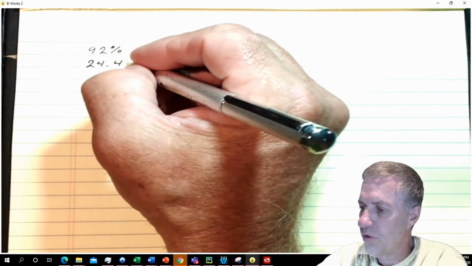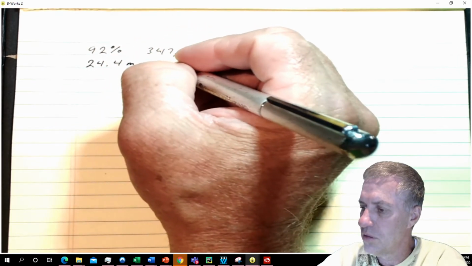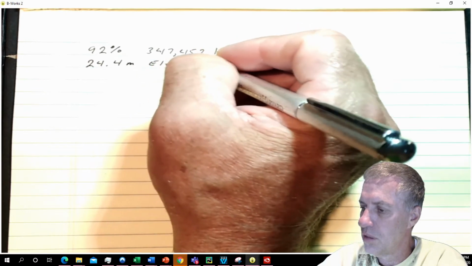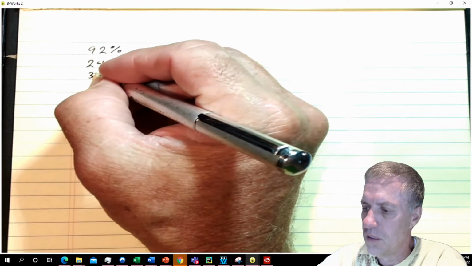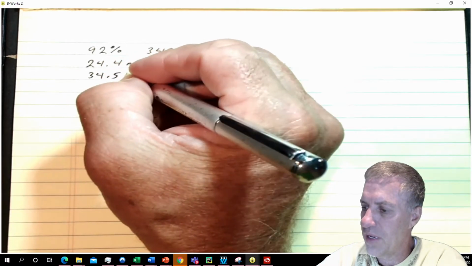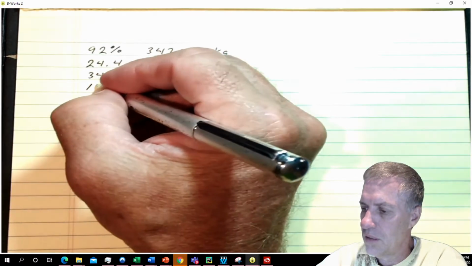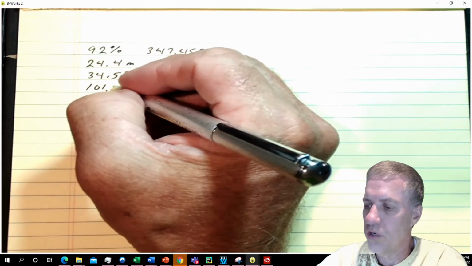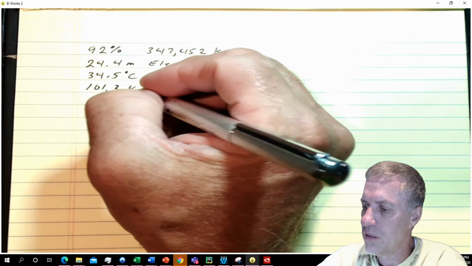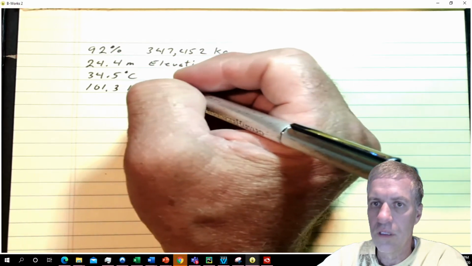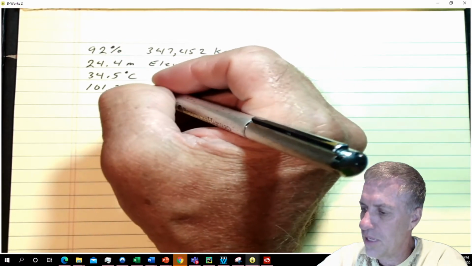We're at 24.4 meters elevation. It's 34.5 degrees Celsius. The pressure is 101.3 kilopascals, and that should actually be a capital P.